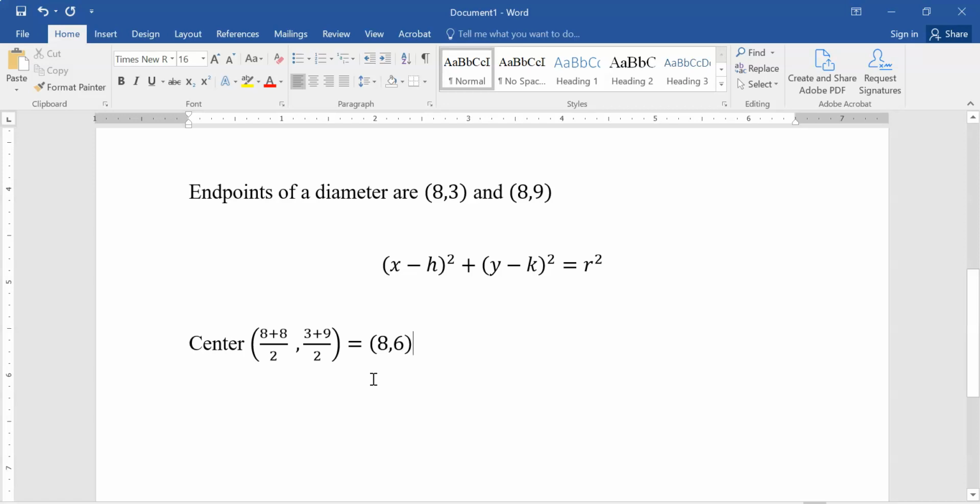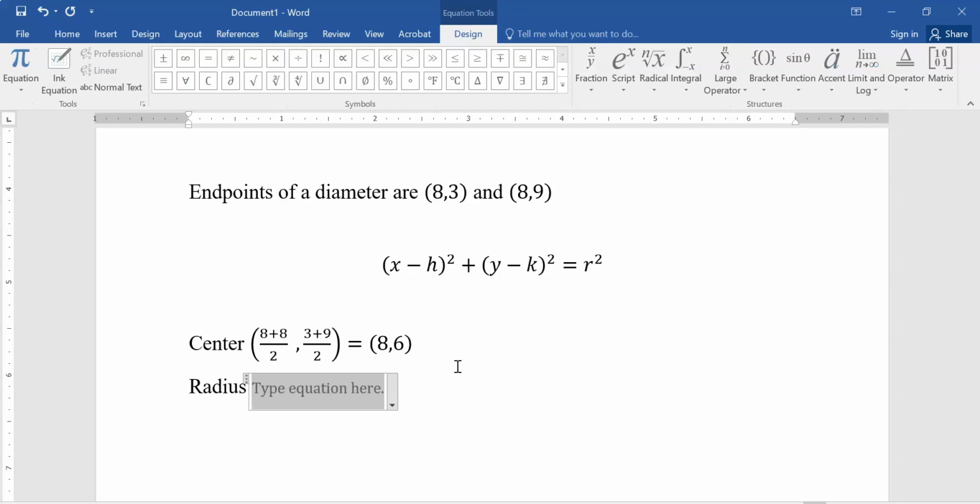Now, the radius, well, the radius is the distance between the center and the endpoint here. And you can see this has the same x value, so I do not need to worry about the x value, but the radius is 3. By the way, if you don't have the same x value, the distance formula you can get with the Pythagorean theorem, right?